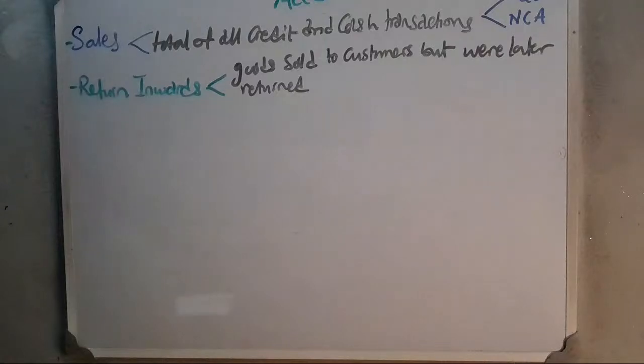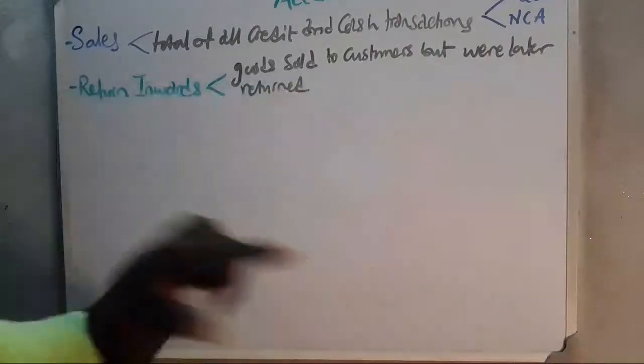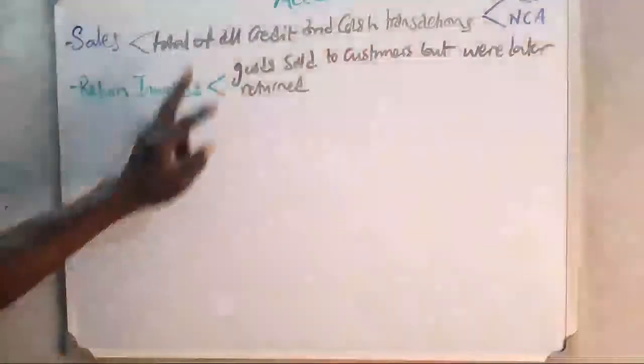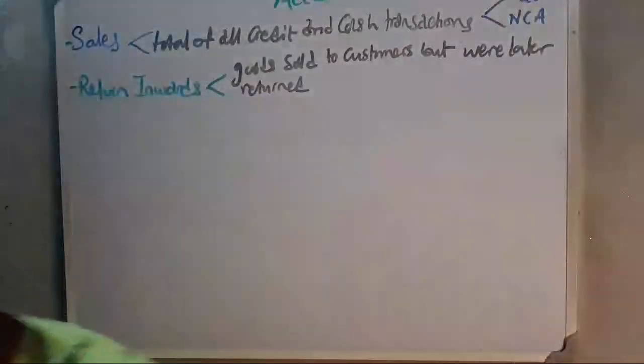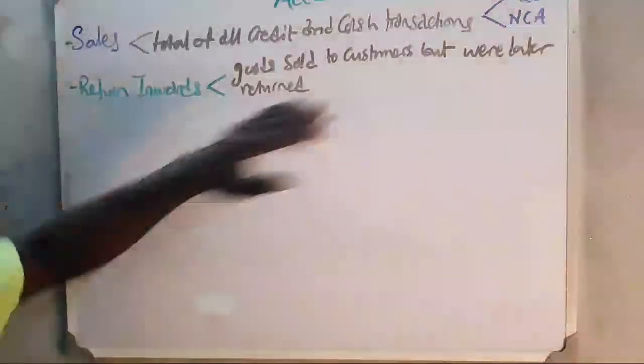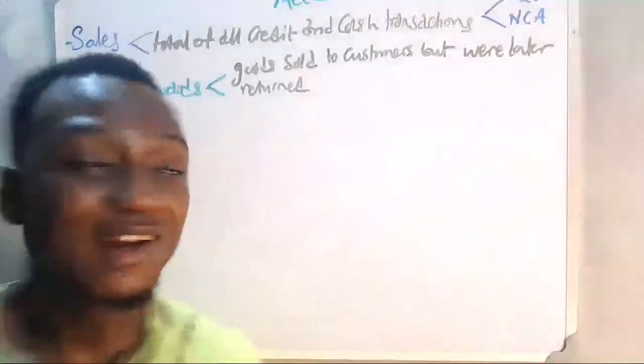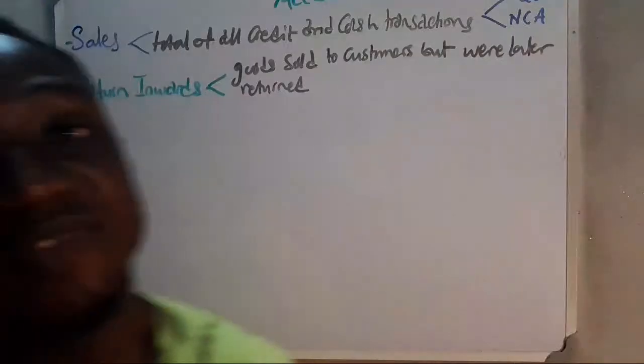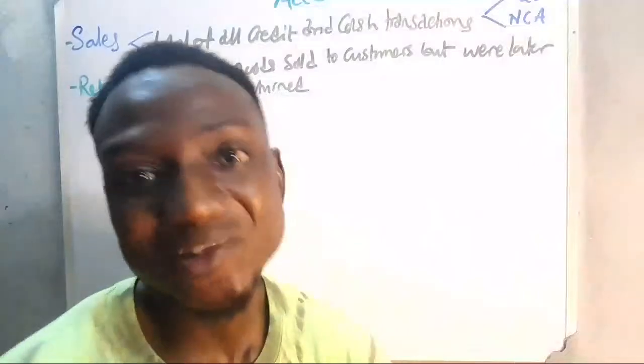So now you need to subtract the total amount of return inward from the sales value. Don't forget that when you sell, you collect money, and when they are returning the goods, you might not give them money back. You might replace it with some other goods.